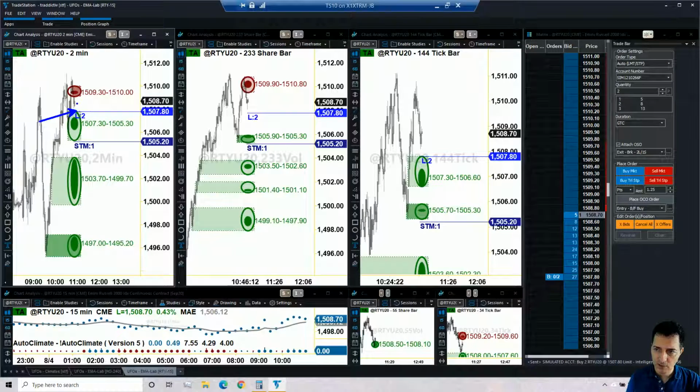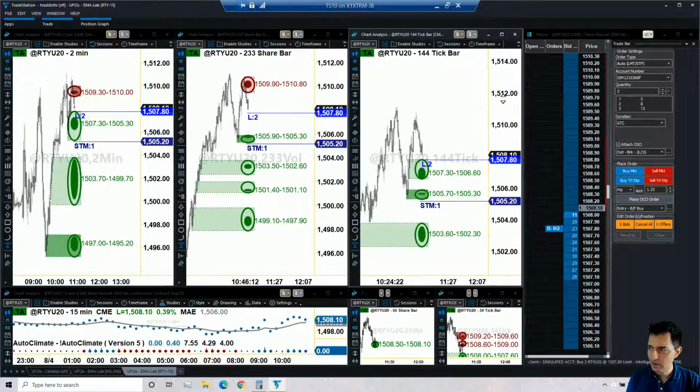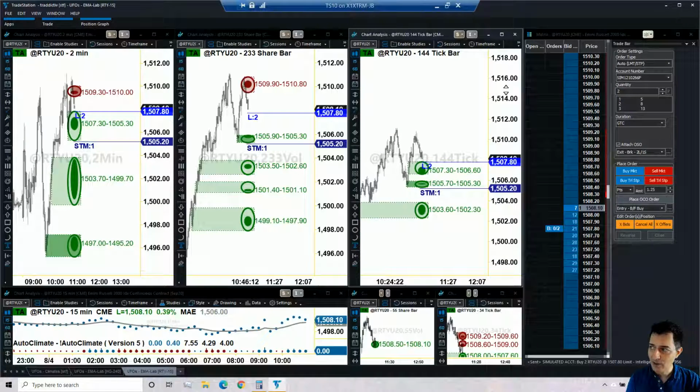If the Russell falls just another point, we're going to get an entry. My stop is below, also below that UFO. Then a bit higher I should have my safety target, which I do, and even higher my final target, which I do, even though they don't show on my screen.